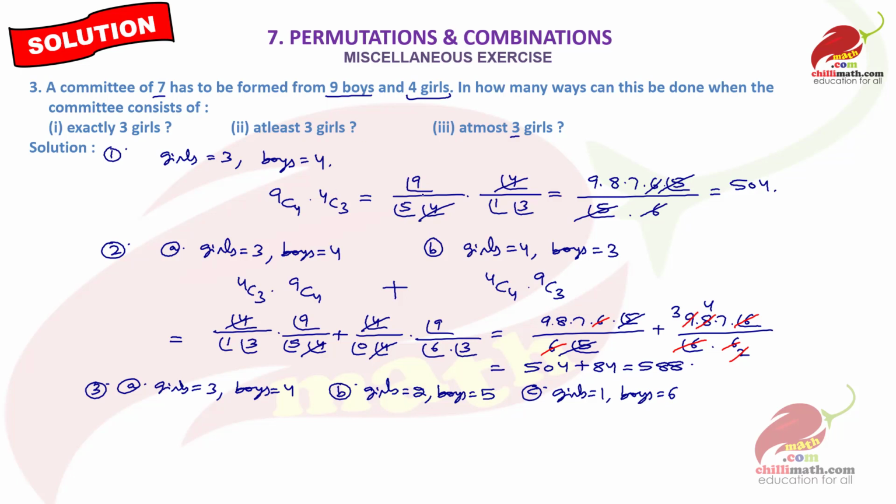Yes, boys can be 6 because there are 9 boys. And D, girls 0 and all the boys, that is 7 boys.